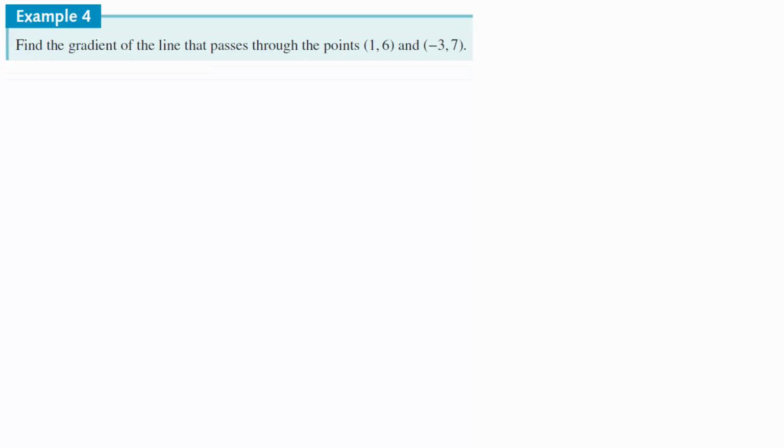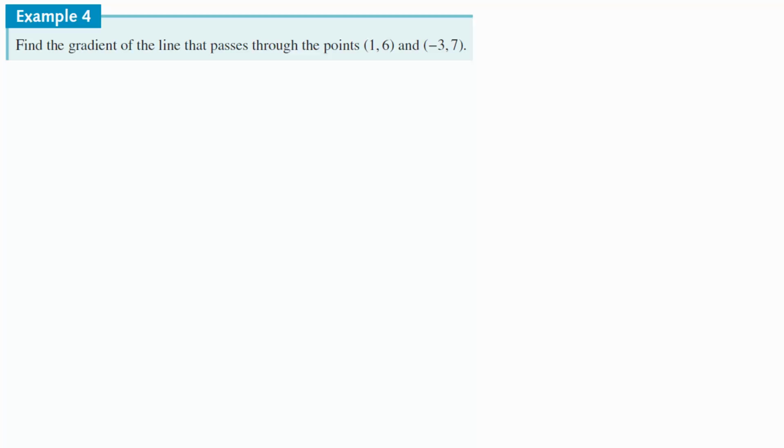Let's go to this one now. I want you to do example 4 for me. Copy this one down in your exercise books. Let's go. I want you to find the gradient of that line. You've got one formula I just gave you. Find out the gradient of this line for me, please. Let's go.